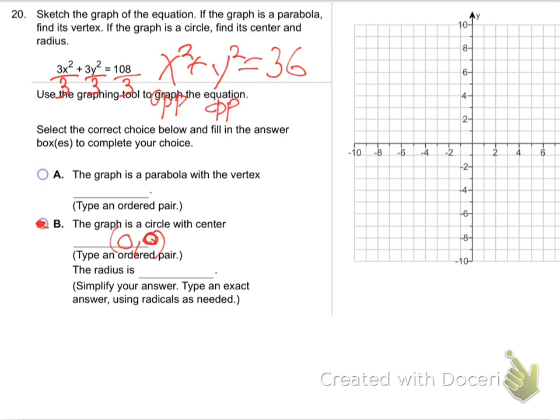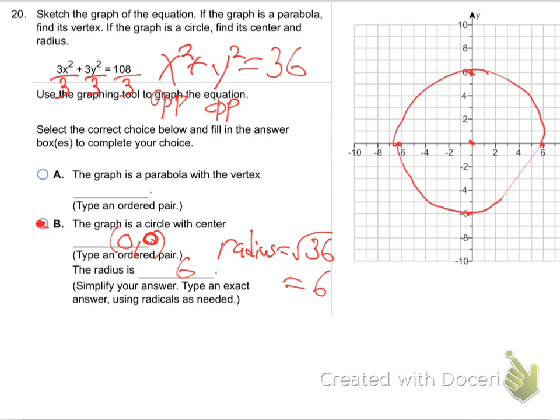There's nothing next to x or y, 0, 0. The radius, square root of the number on the right side, 6. And so put the center at 0, 0, go up to 6, back to 6, over to 6, down to 6, and make a circle. Centered at 0, 0, radius 6. There we go.